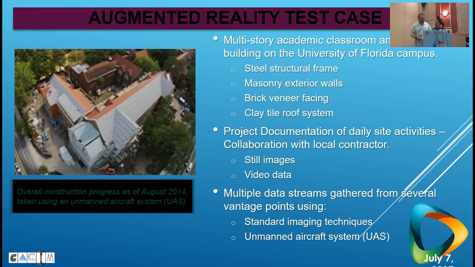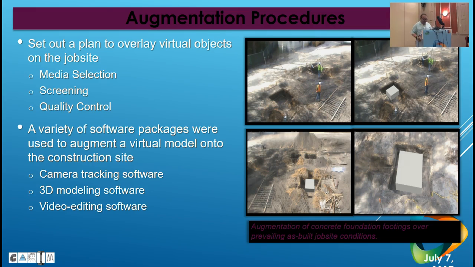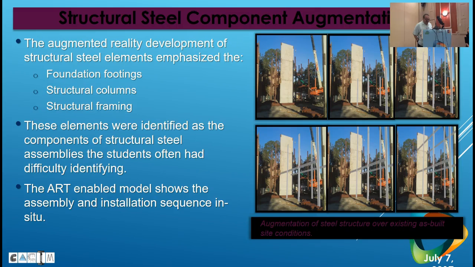The way we documented the project was daily site activities, and through collaboration with the contractor, we had still images, video data from cameras as well as drones. So we gathered multiple data streams from several vantage points. And then we set out a plan to overlay virtual objects on the job site. You can see here some of the objects we created and overlaid.